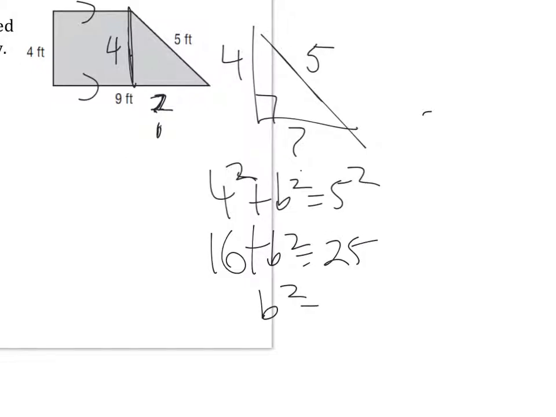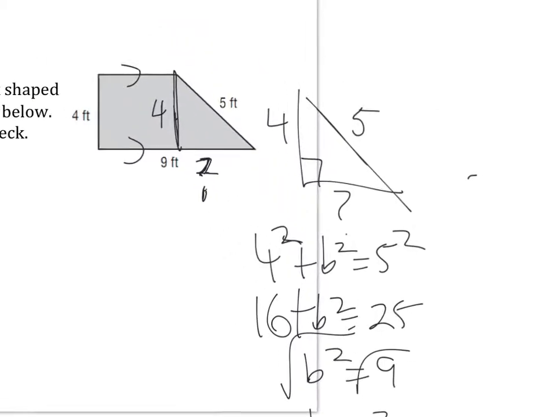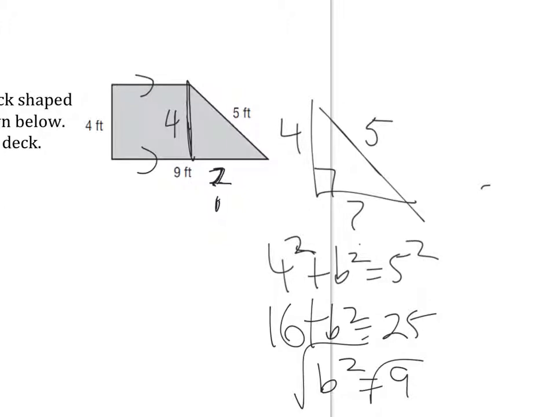Hopefully by now you guys are getting pretty good with the Pythagorean theorem. So b is going to equal 3. So this thing is no longer that. Now it's 3. So that makes this 6.